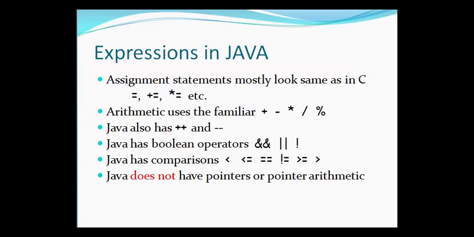Expressions in Java: we have the same types of assignment operators like equal to, arithmetic operators, plus, minus, multiplication, division. Also we have increment and decrement operators, Boolean operators, and comparison operators, that's less than, equal to. And also Java does not have pointers or any pointer arithmetic.